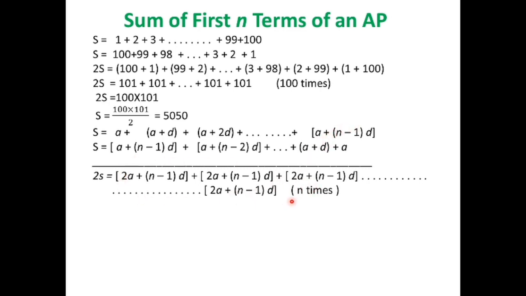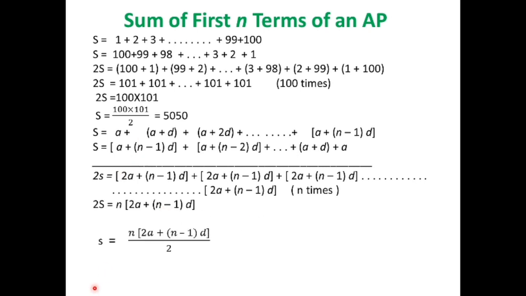But like this, how many terms are there? Here how many terms are there? 100. In the same way, here how many terms are there? N terms are there. So we can write this one as 2S is equal to n into 2a plus n minus 1 into d. But we need the S value.